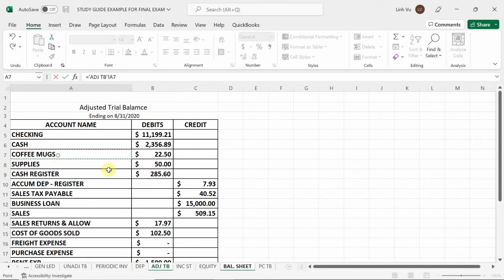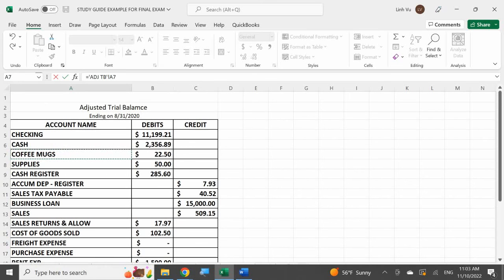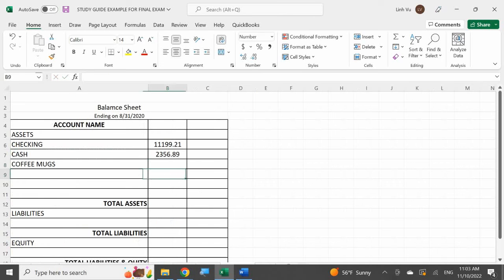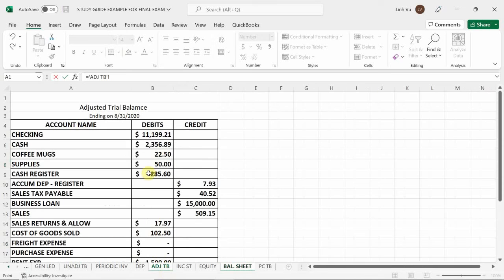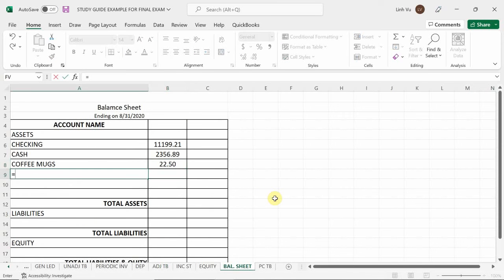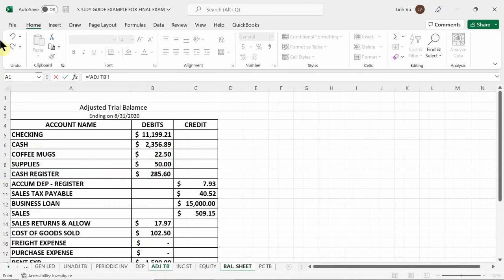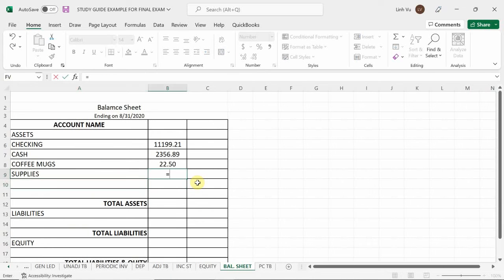Your coffee mugs are your next asset, at $22.50. Then you got your supplies, $50.